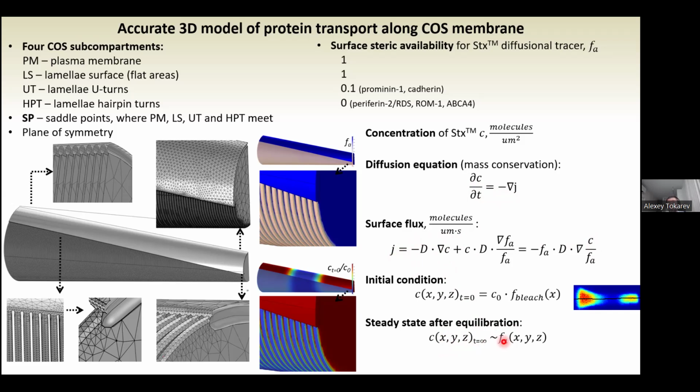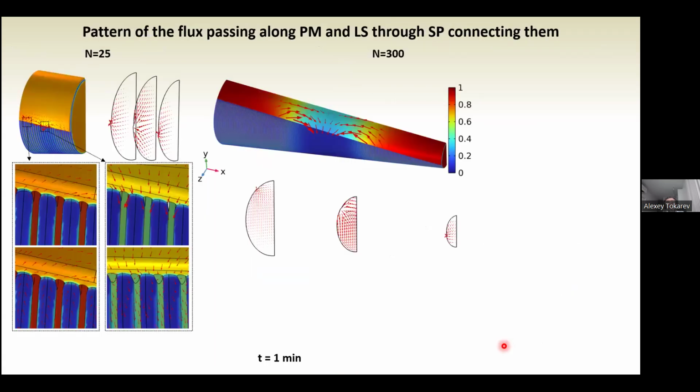So the physical meaning is that in steady state the concentration turns to equilibration in the available surface between excluding molecules. So this is the task which we solve, and now I turn to some results.